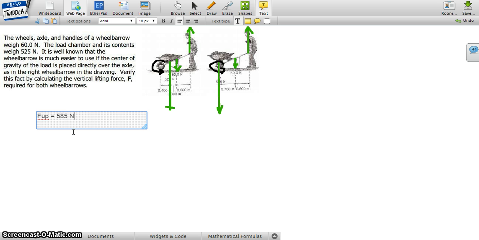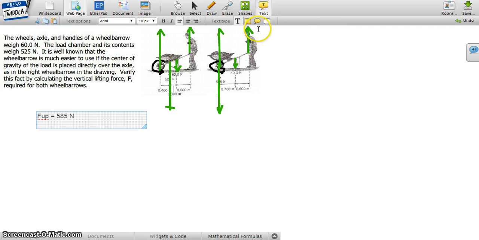Excuse me, there's one more force that I left off. There's a normal force right here at the wheel, right? Forgot that one.